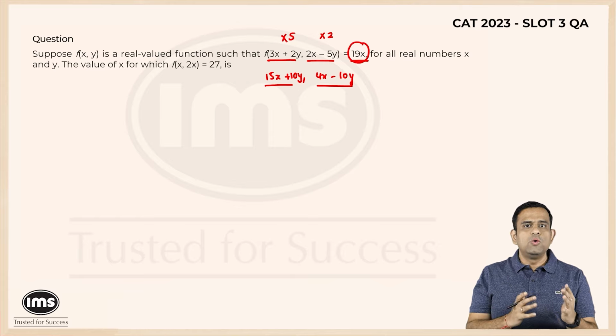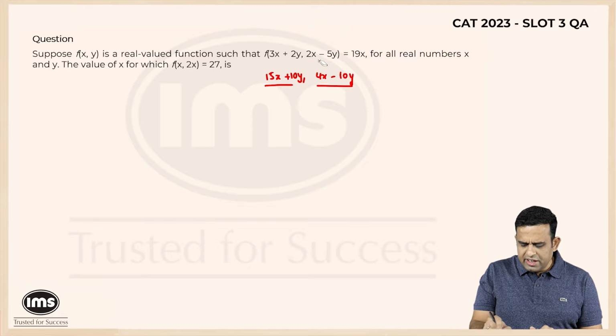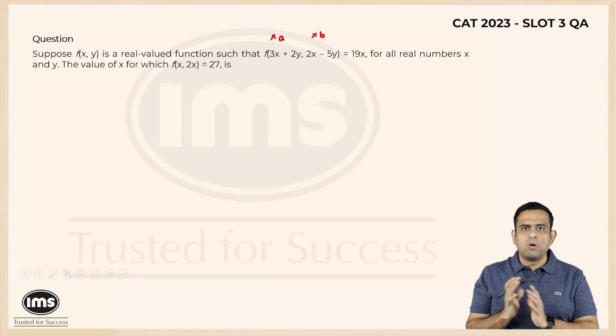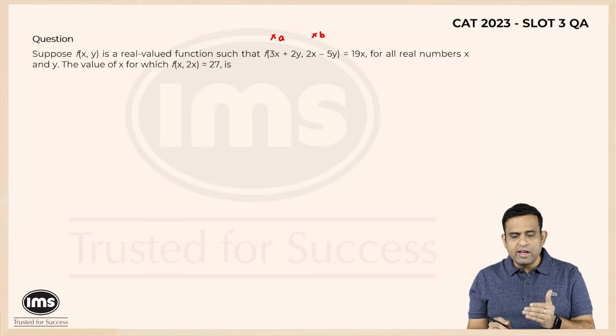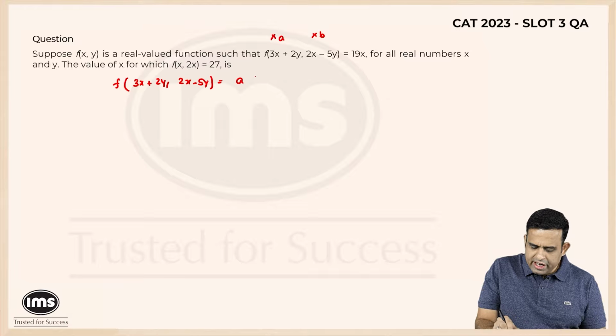But for those who can't spot this pattern, let's think that we are multiplying here by a and this one by b. It's a linear combination of 3x plus 2y and 2x minus 5y. So I can write the function f of 3x plus 2y comma 2x minus 5y as a times 3x plus 2y plus b times 2x minus 5y.